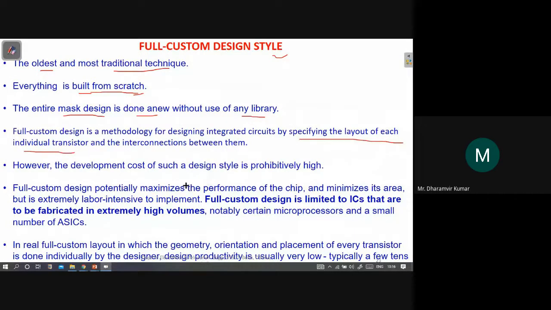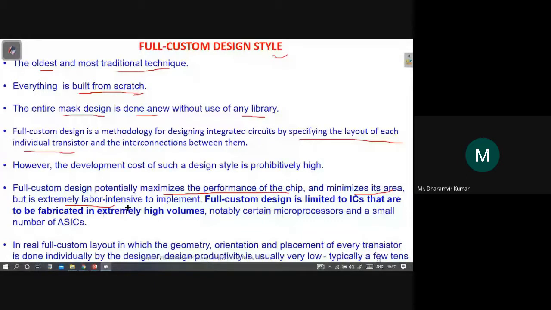Full custom design potentially maximizes the performance of the chip and minimizes its area, but is extremely labor intensive to implement. It takes a very hard amount of work to design the whole system.